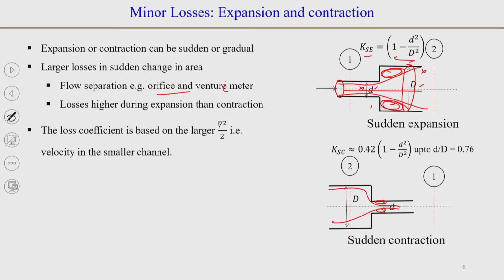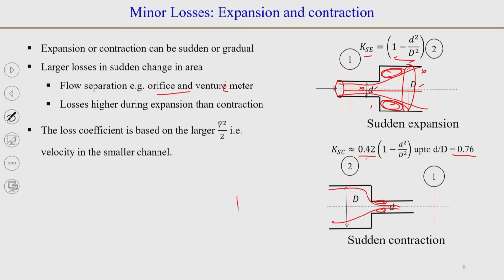So, this is 1 minus d squared by capital D squared, whereas for the sudden contraction there is a value of 0.42, and this is valid for d by D up to 0.76, and after that this is almost the same.